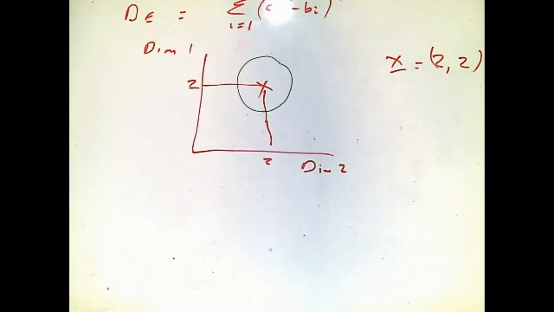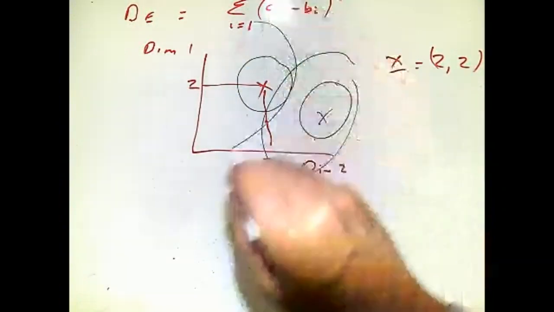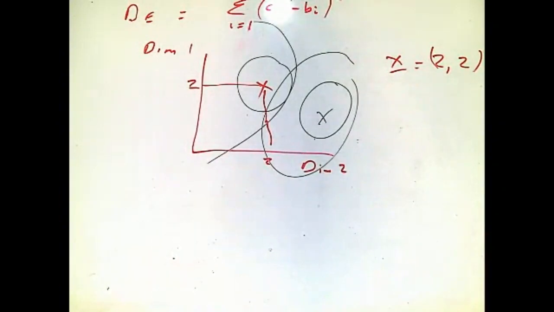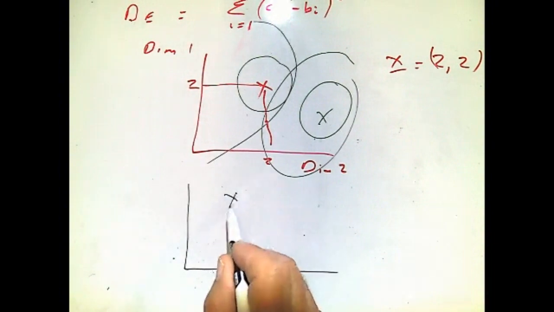And the different contours will be consecutive circles. Pretty obvious when you were at junior school, triangles, Pythagoras and all that. So that's quite obvious. And of course, if you have 2 classes, you will have 2 sets of contours. They will eventually overlap. And if you draw it accurately, you will find that there is a decision surface.